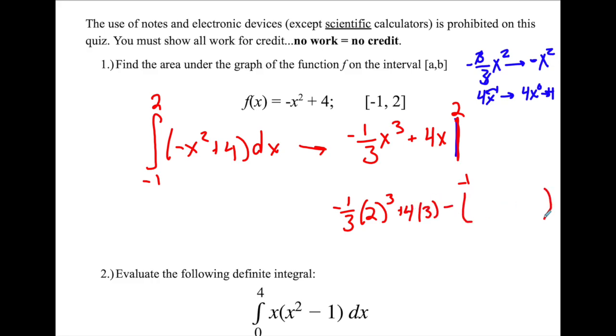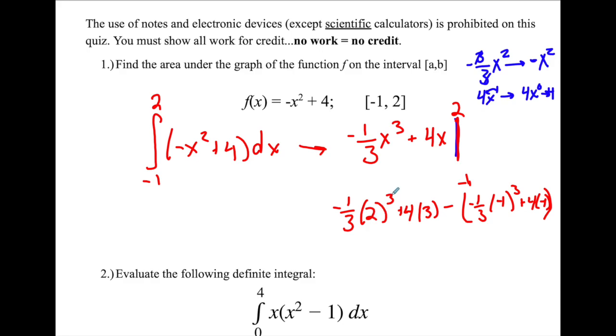I'm going to put this in parentheses because I need to do the difference. Sorry, if I said 1, I meant -1. Because the fundamental theorem of calculus says you plug in the top number, you plug in the bottom number, and then you take those respective outputs and take the difference of them.